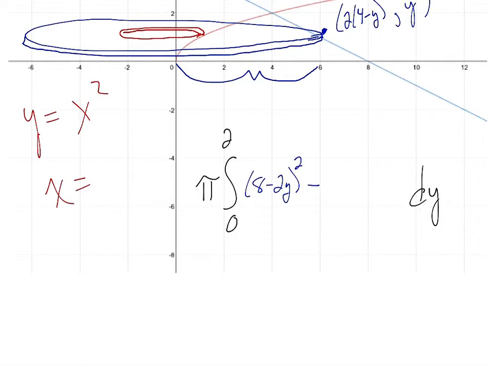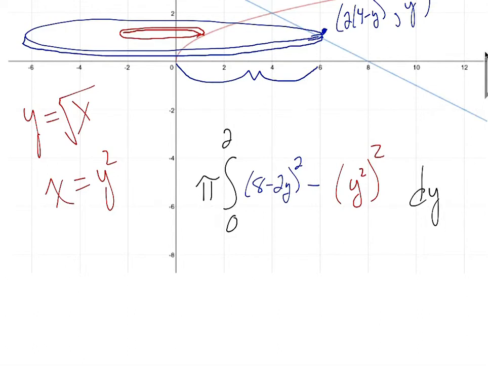Oops, sorry, it's not the original function. Y is equal to the square root of x. My bad. This is the function we're looking at. It's y is equal to the square root of x, which means that x is equal to y squared. So then over here in my integral, this is y squared squared.